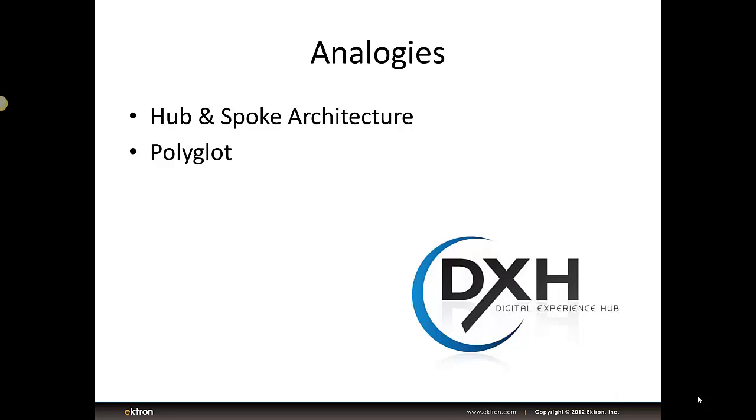In which you define a landscape for your environment, which consists of multiple systems, Ektron just simply being one of those systems out of many. The other systems may include Salesforce, may include Marketo for marketing automation, SharePoint, or even a custom internal system. And we definitely do have clients working with custom internal systems that want a deep integration with Ektron. And the Digital Experience Hub can provide an architecture that supports that really well.